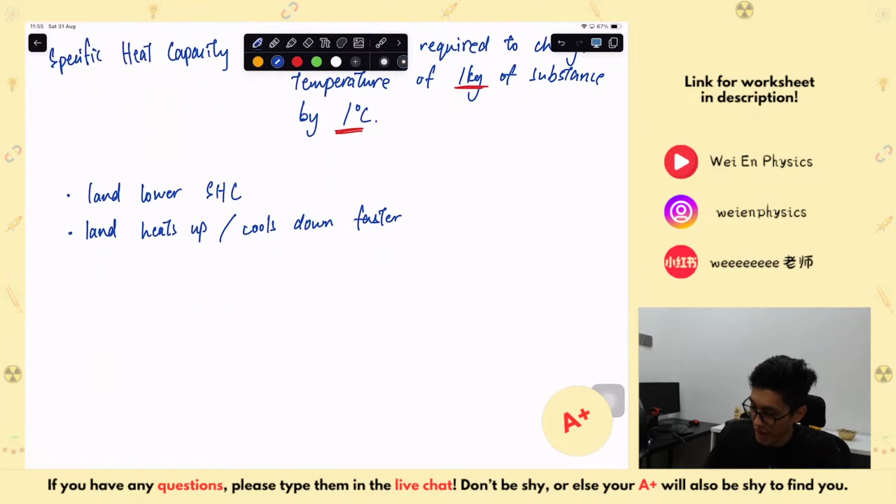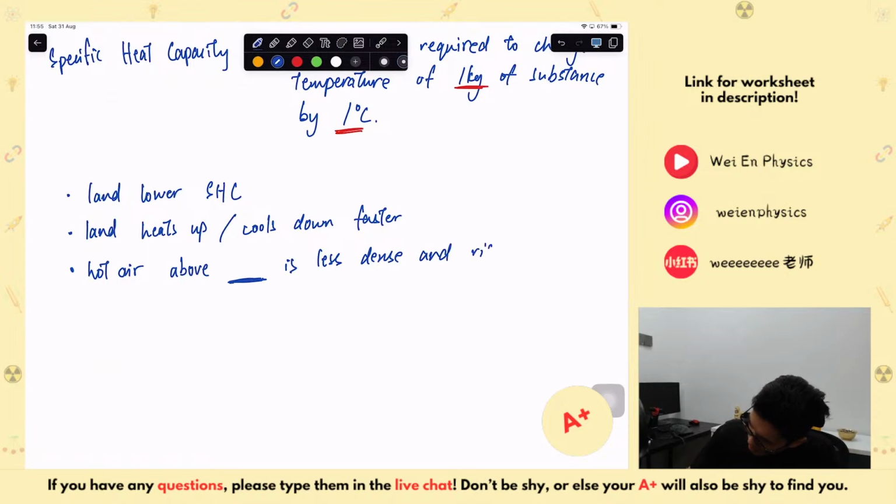Then you say the hot air will move up. Hot air above where? It depends, because sometimes the hot air is above the land, sometimes above the sea. So you must tell them hot air above where is less dense and rises up. Then cold air will move in. Cold air moves in from where to where?